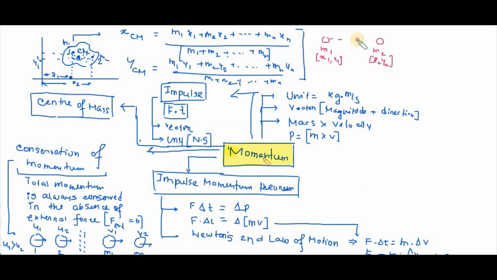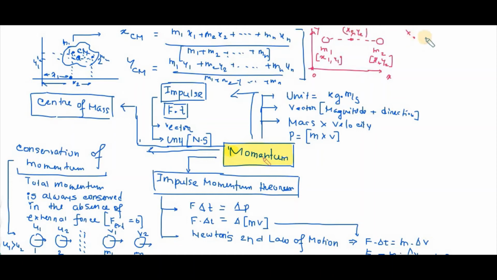In that case, the center of mass of these two objects can be located, defining the coordinate system with this as our origin. With respect to the origin, the coordinates of the center of mass of these two point masses can be represented by xc and yc.